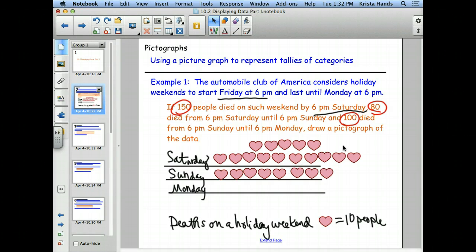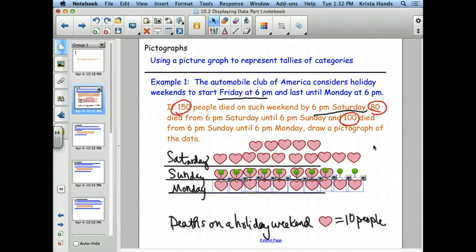There we go. 8. And then how many do I need for Monday? 10. I need 10. All right, pretty close anyway. So there's my 10.